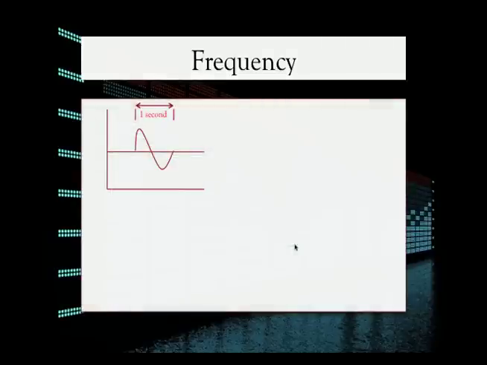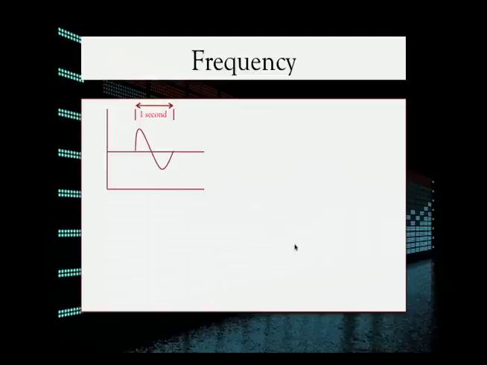So again, let's think about sound as being vibrations, okay? And when we break those vibrations down to their smallest component, we call that a cycle, all right? So think of a cycle as like an S on its side. What you're looking at here is a sound chart, and you're looking at one cycle.